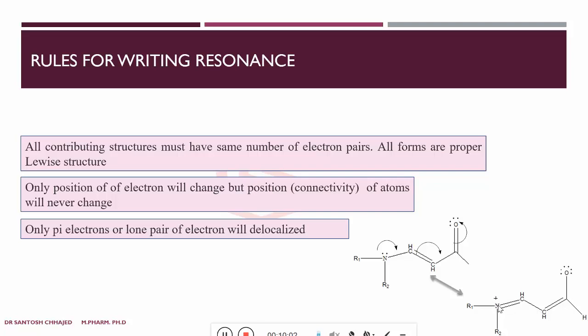When this nitrogen is not stable, the positive charge indicates instability. So it will take the pi electrons back, so that a lone pair of electrons will be there and nitrogen becomes stable. Now due to this migration of pi electrons, this carbon becomes unstable.